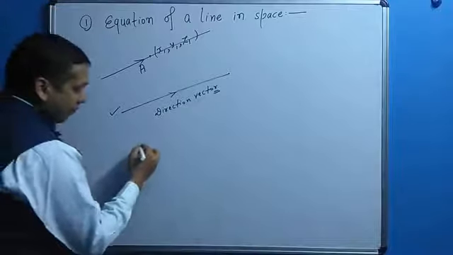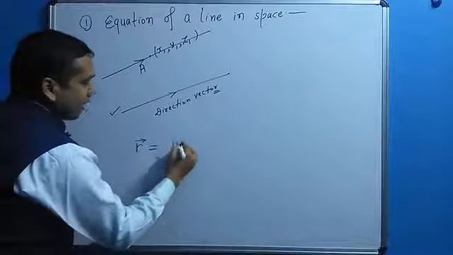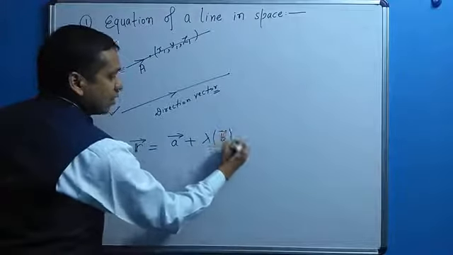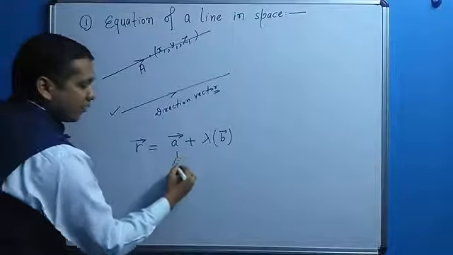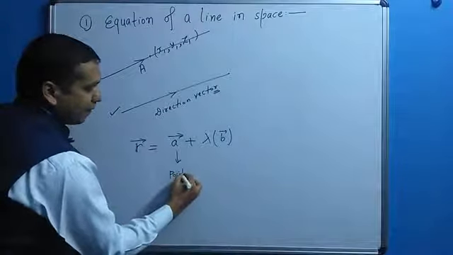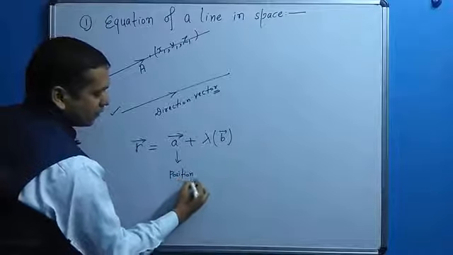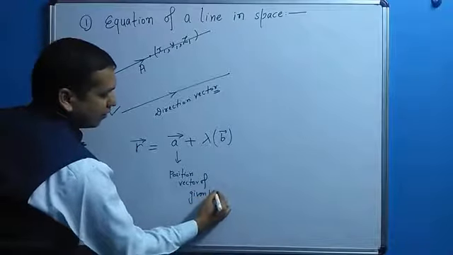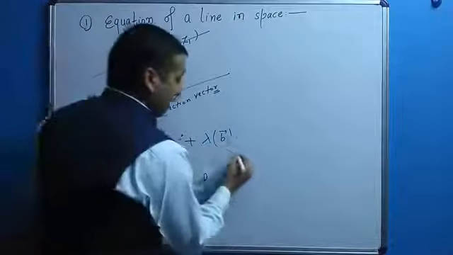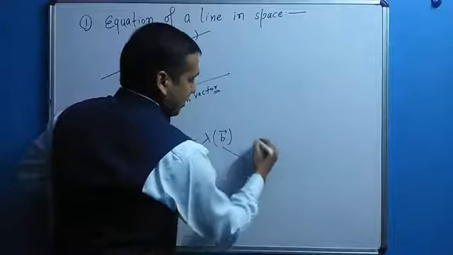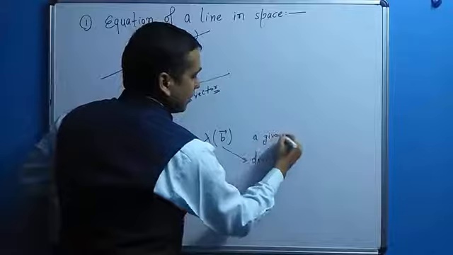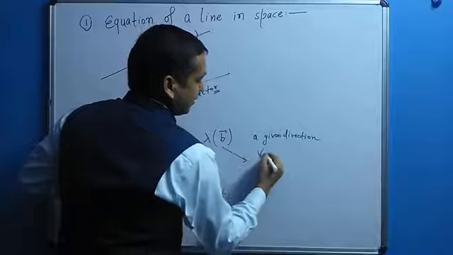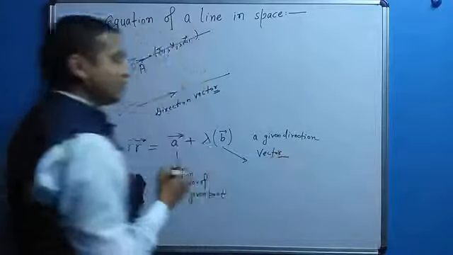The vector equation can be determined as A plus lambda B. Lambda is a constant. What is A? Position vector of the given point, and B, a given direction vector.